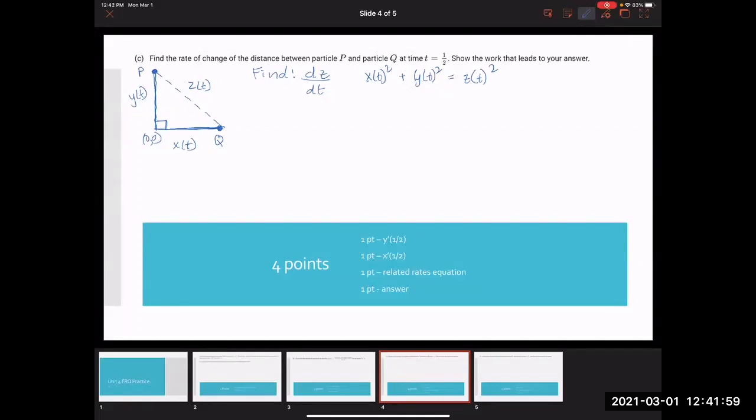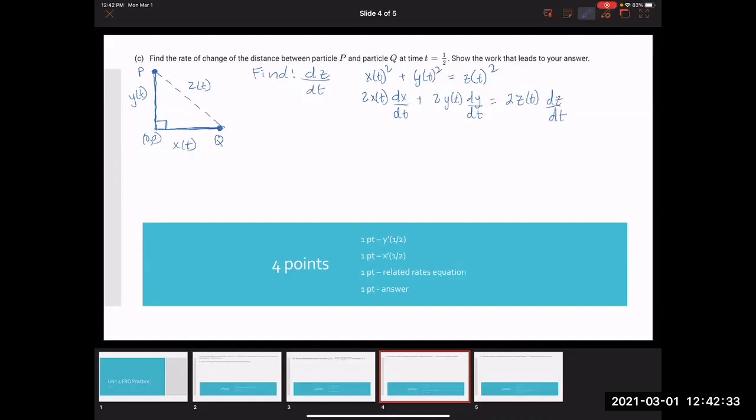Now, next step is to take the derivative of both sides. So remember, every variable gets a d-something-dt when you're doing related rate questions. So when I take the derivative of both sides, I get 2x of t times dx/dt plus 2y of t times dy/dt equals 2z of t times dz/dt.